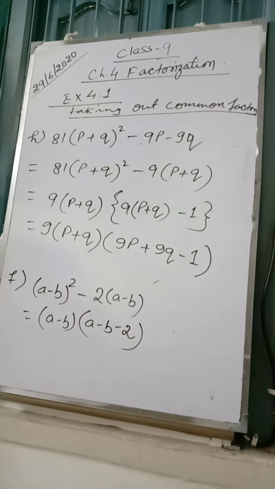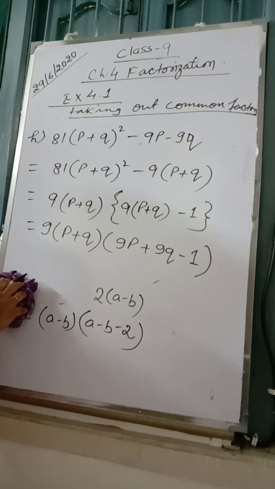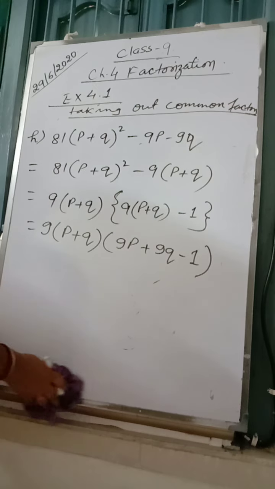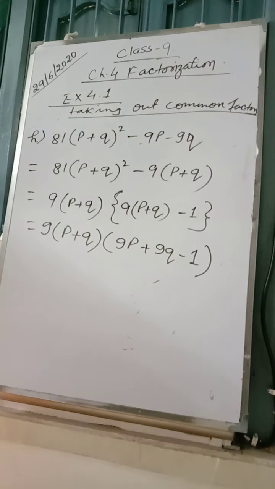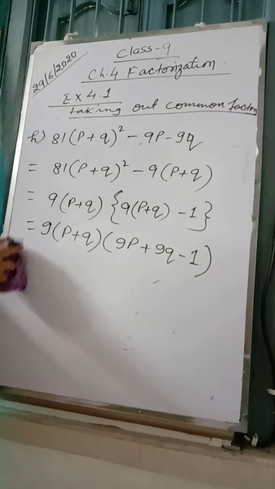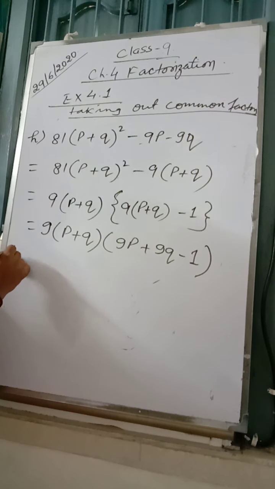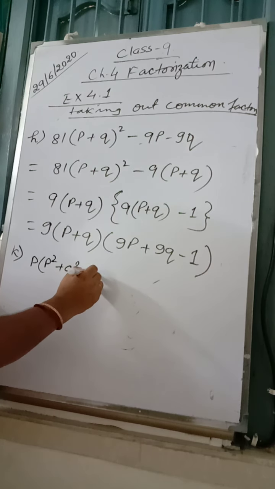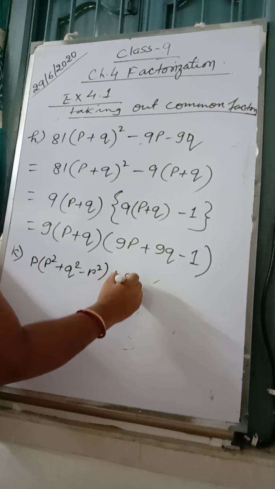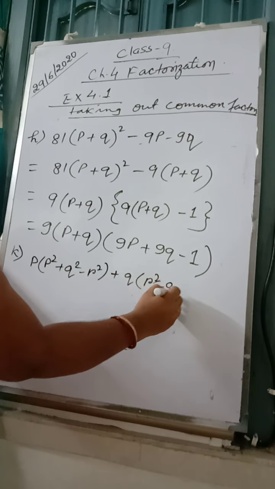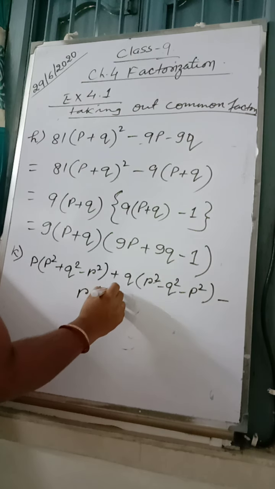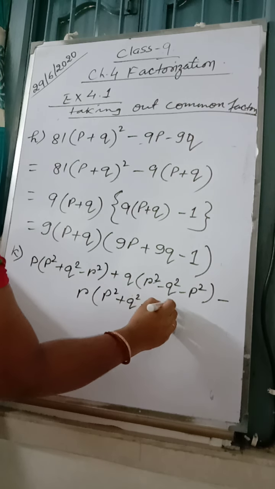Now look at question number K. The question is P into P square plus Q square minus R square plus Q into R square minus Q square minus P square minus R into P square plus Q square minus R square.